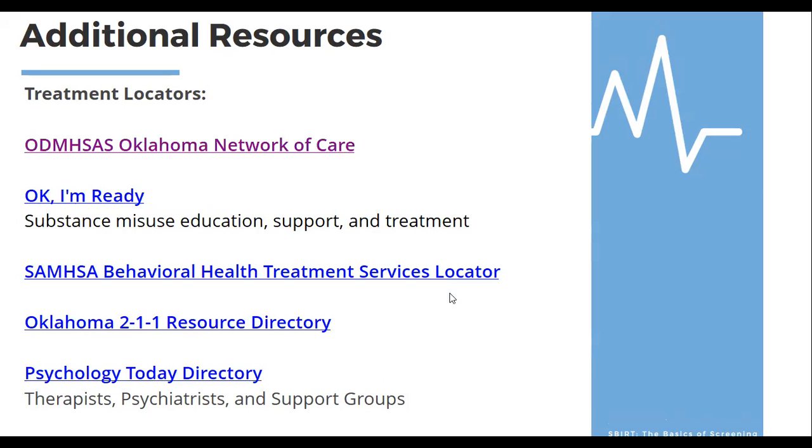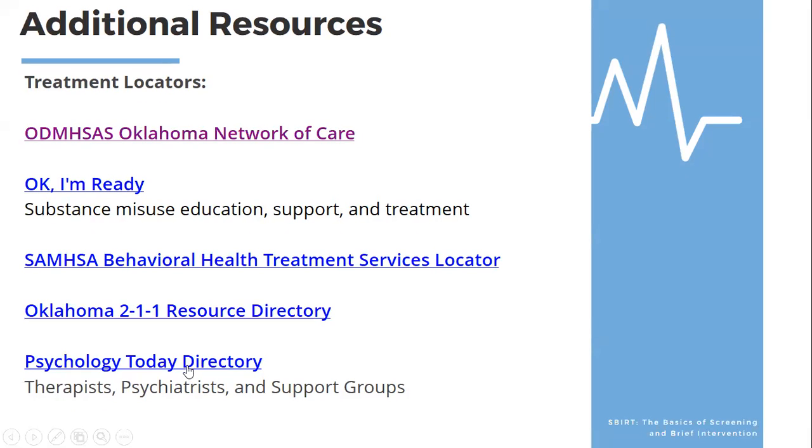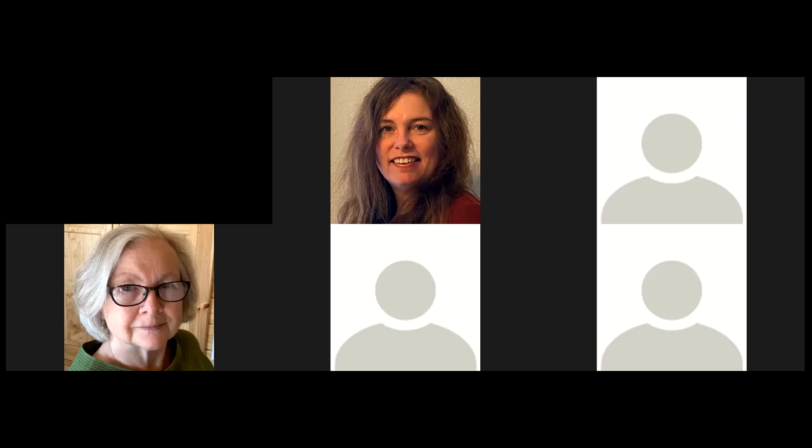SAMHSA, we know because we work with them. 211, you guys know about their resources. Psychology Today, that directory, they say is the most complete list of how to find therapists, psychologists, and support groups in the state and around. They have recommended that, and we have tied that in to our SBIRT AOK.